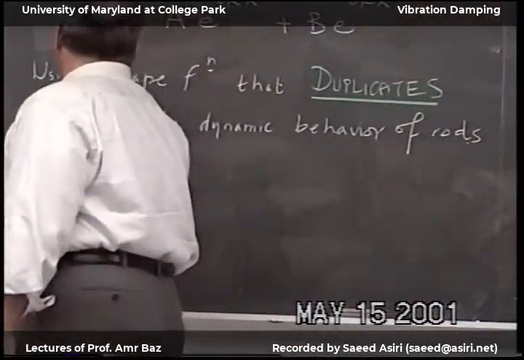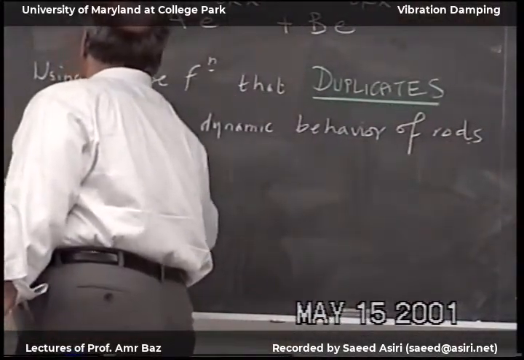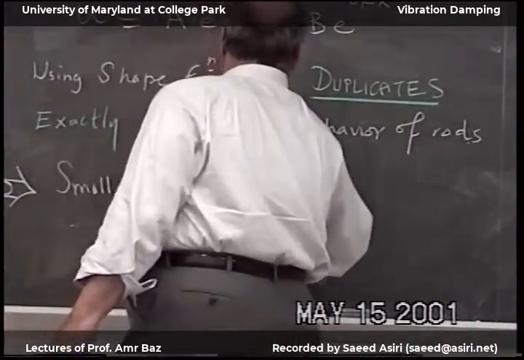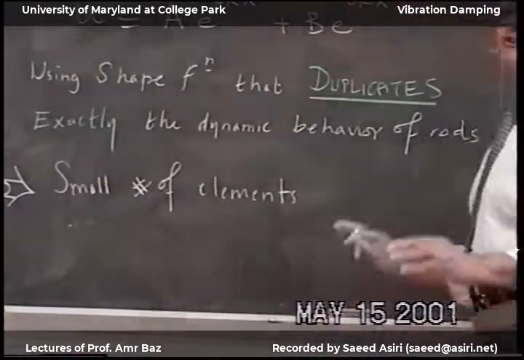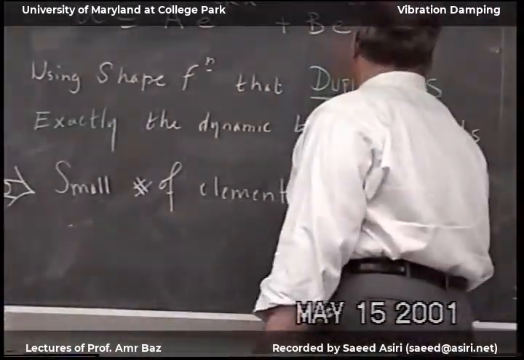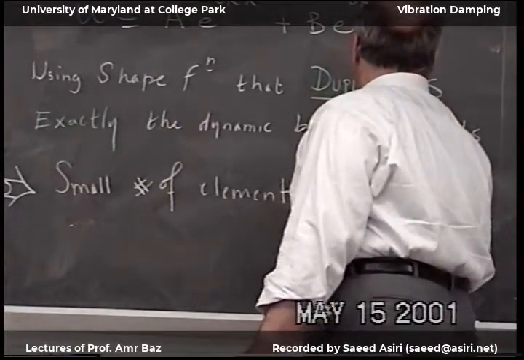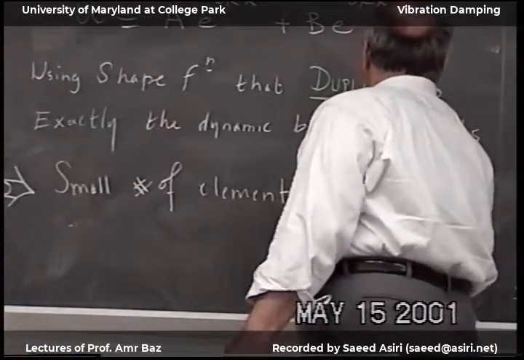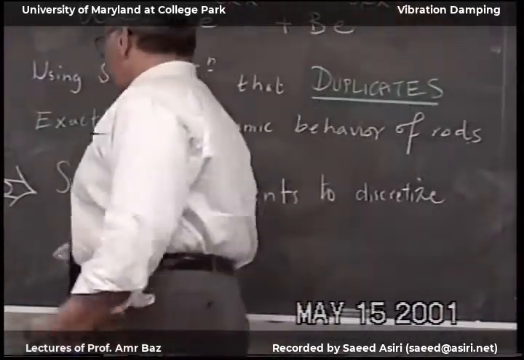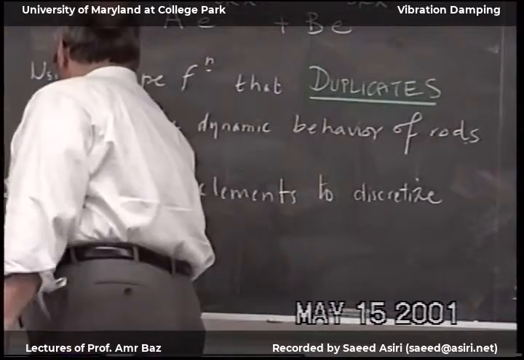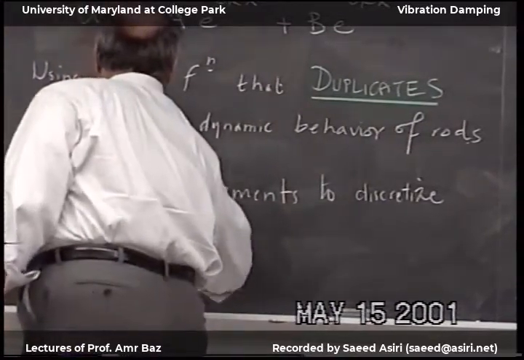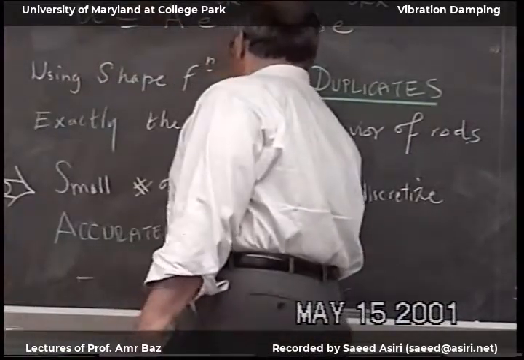The result is a small number of elements to discretize accurately the continuous system.